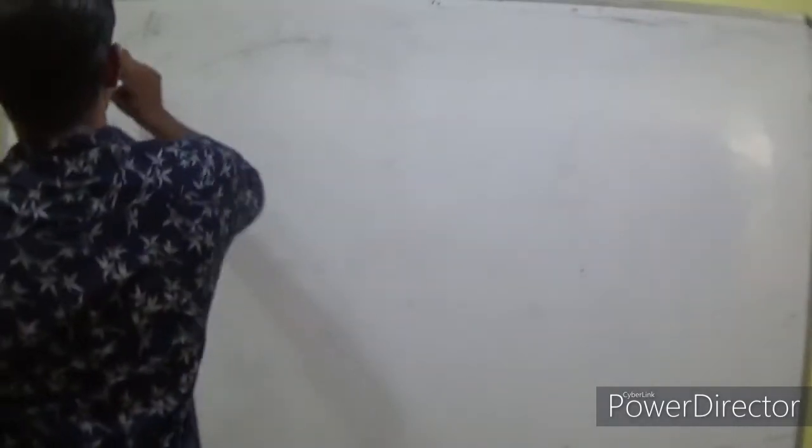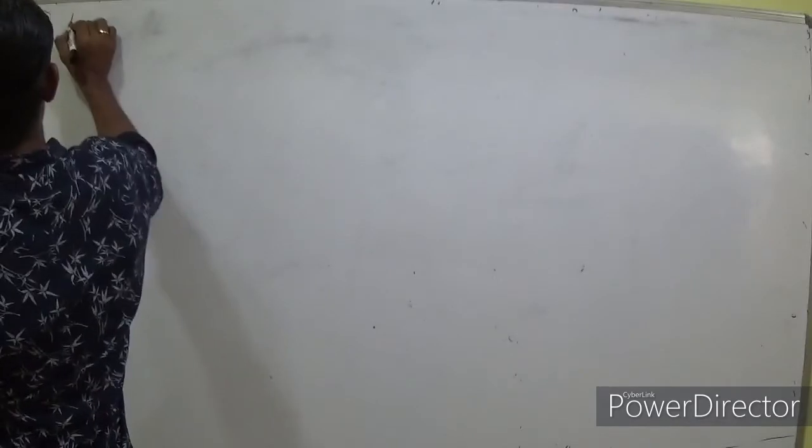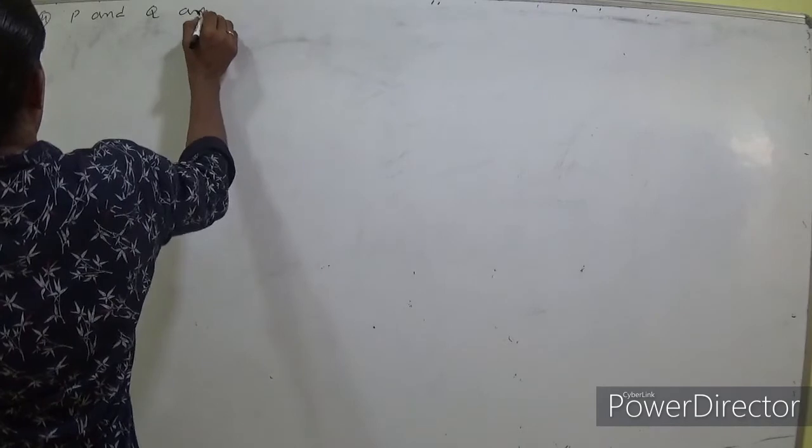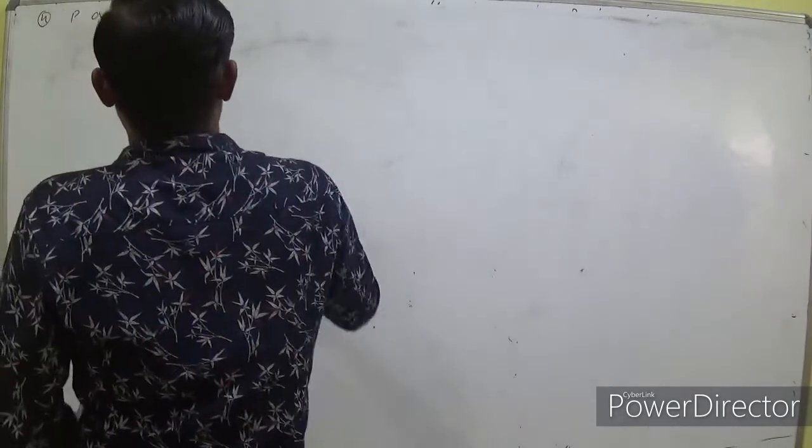P and Q, this is the fourth point. P and Q are inverse points.